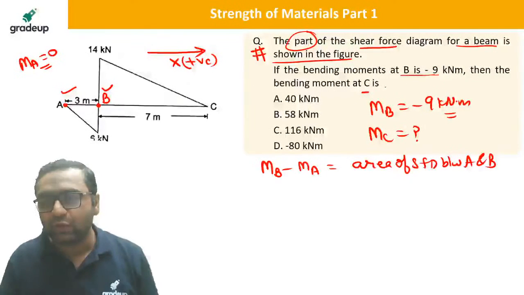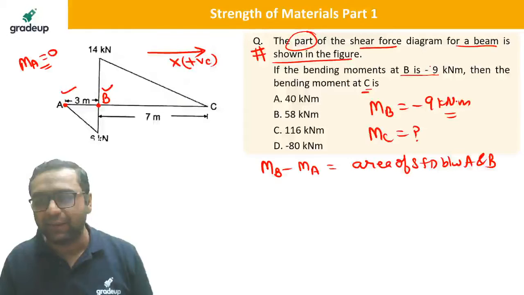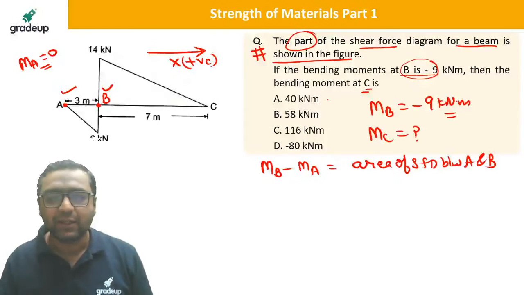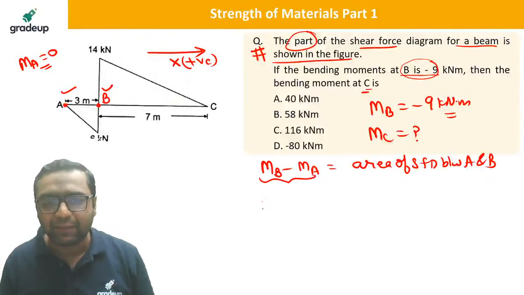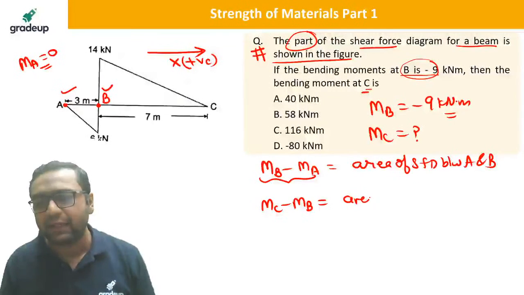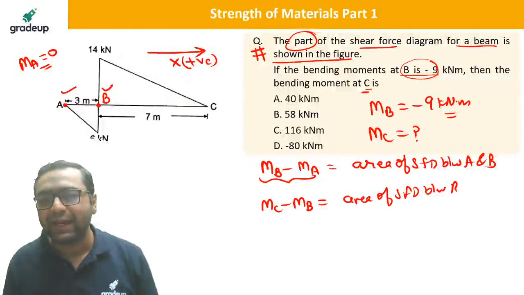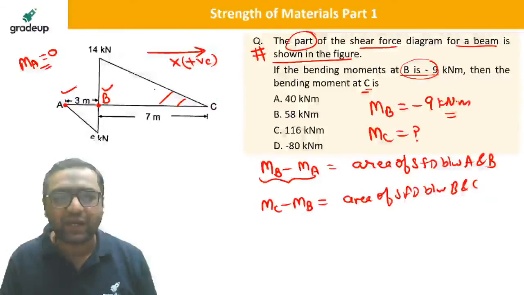But you need to answer the bending moment at C, I feel. And bending moment at B is given as minus 9. So I need not write MB minus MA. I must write MC minus MB. And MC minus MB will be area of SFD between B and C. So this is the area of this triangle.